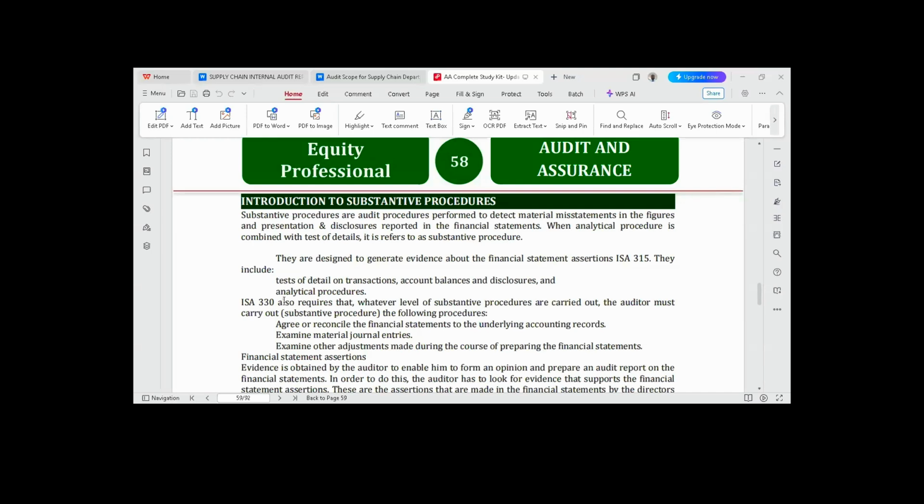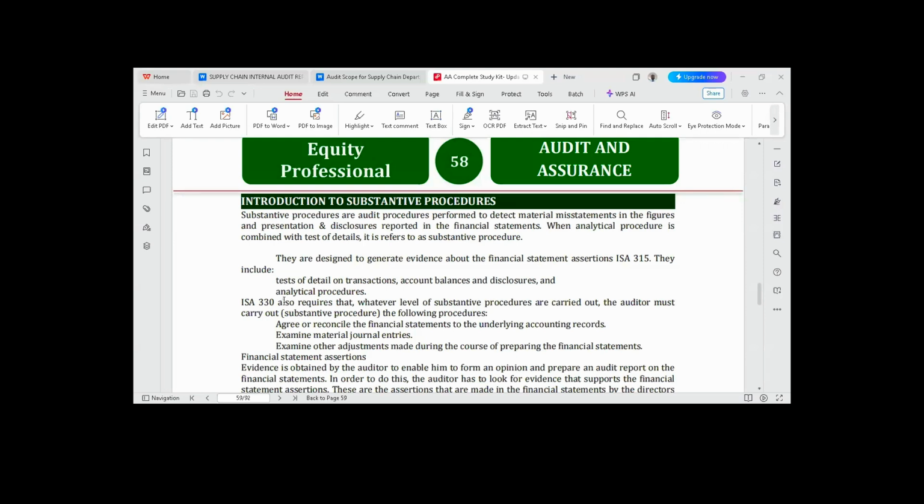We are going to make use of that explanation here, because substantive procedure, like I said, is a detailed procedure performed in order to detect if there are any material misstatements in the what? In the financial statements. That is the essence of substantive procedure.